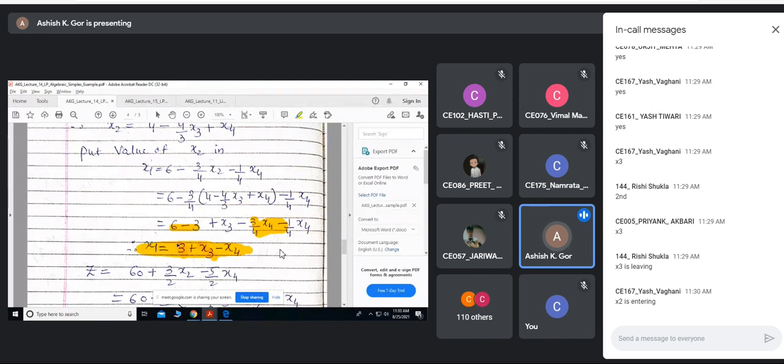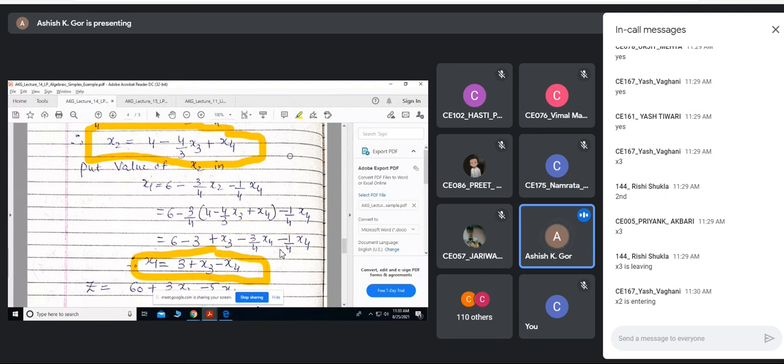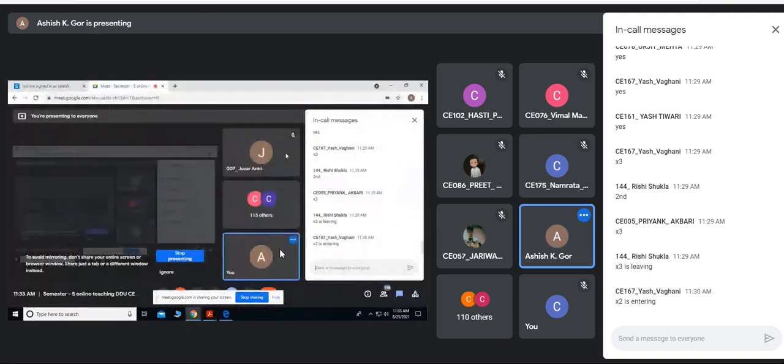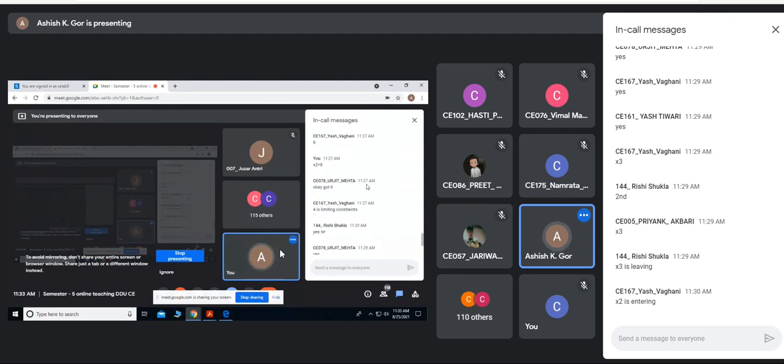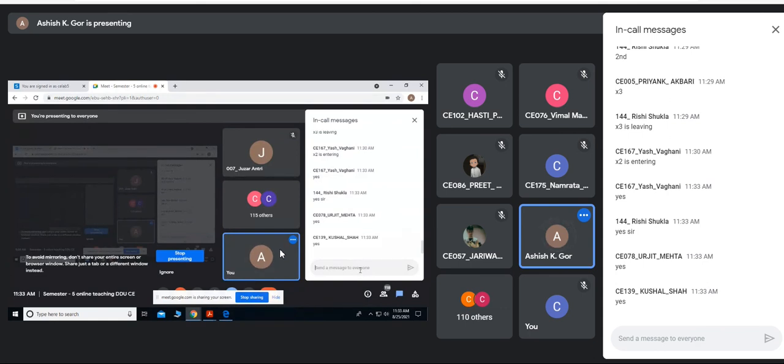You can see this is my new equation. x1 is 3 plus x3 minus x4. x2 is 4 minus 4 by 3 x3 plus x4. Everybody got this iteration? This is iteration number 3. Yash, Rishi, Urjit, Priyank, Kushal, getting this?